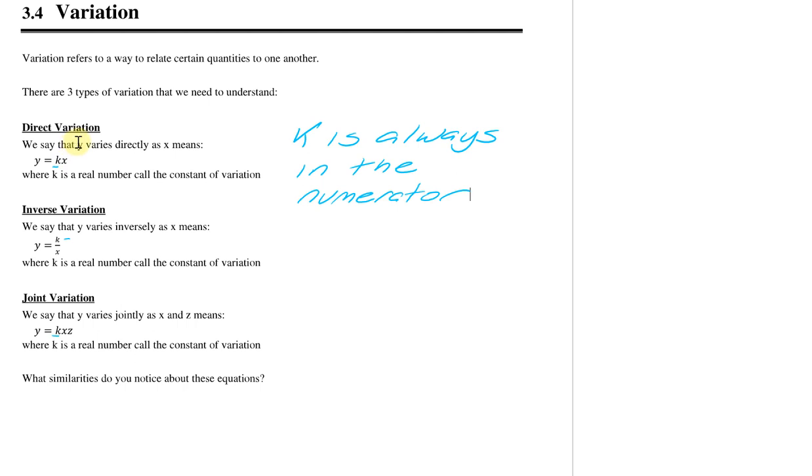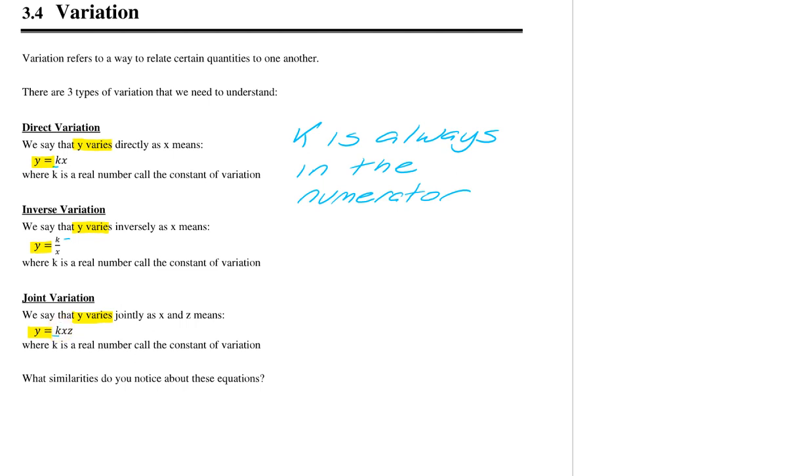Notice that for all of these, they say y varies. So if I highlight this, y varies, y varies, y varies. In each case, when we say y varies, what does that mean from a mathematical standpoint? That actually gets us to this y equals, right? So when we say something varies, that means that it equals.